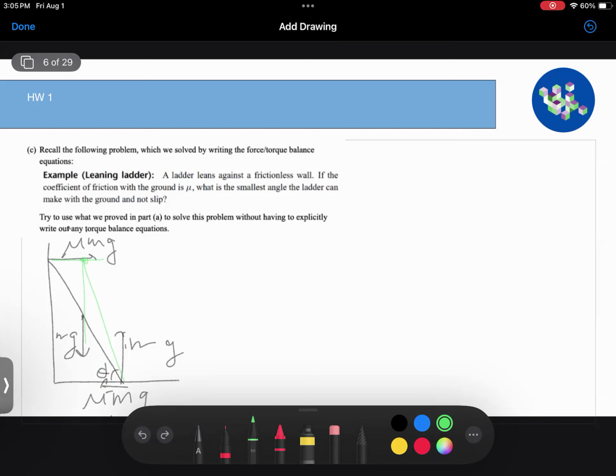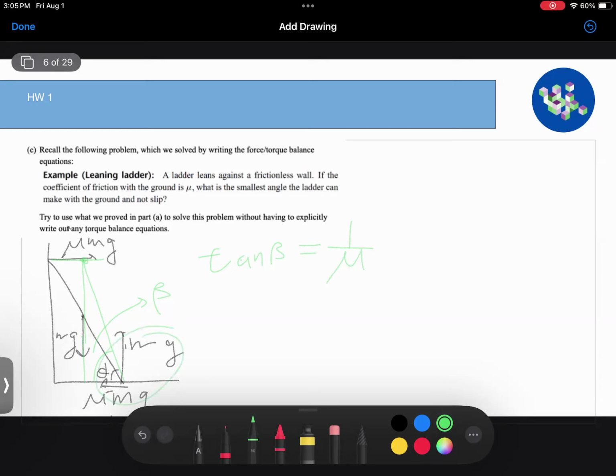And how would I do that? Well, let's say this angle over here. I'll draw a right triangle here. That angle, let me call it beta. What do we know about beta? Tangent of beta is equal to 1 over mu, because it's just going to be the net force over here.